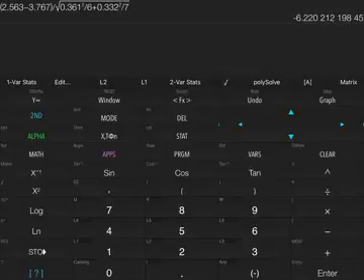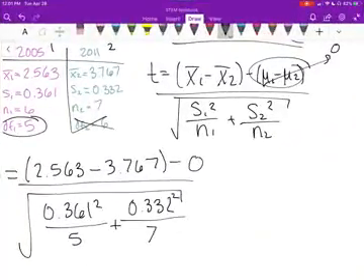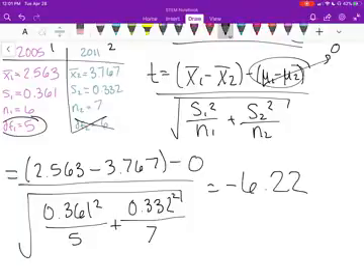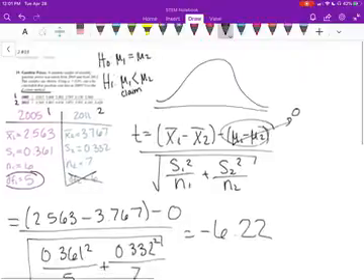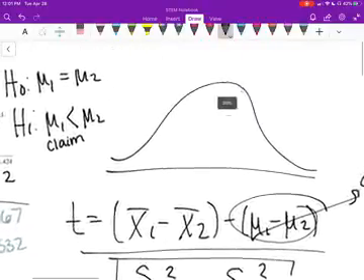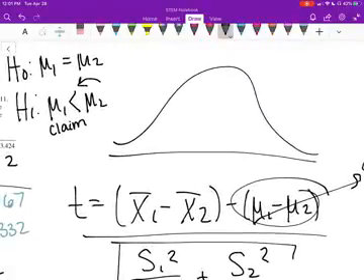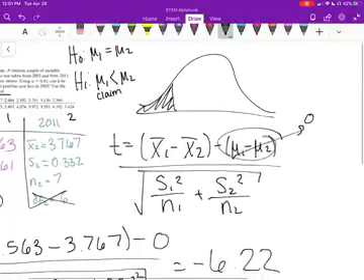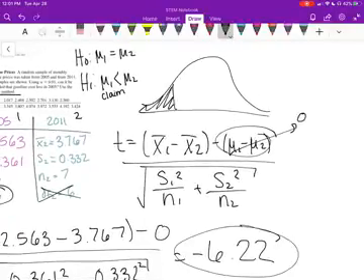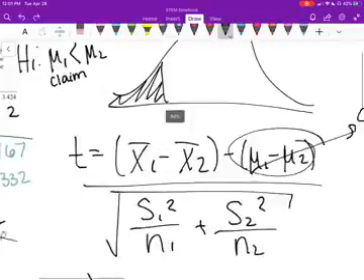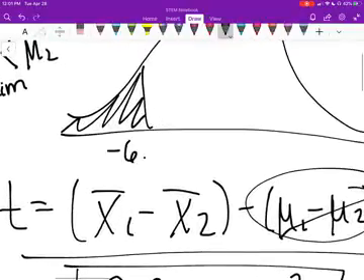So we get t to be negative 6.22. So now that we have that, oh, I forgot to draw a distribution. Based on this, we have a left-tailed test, which works out perfectly because t came out to be negative. So we have negative 6.22.